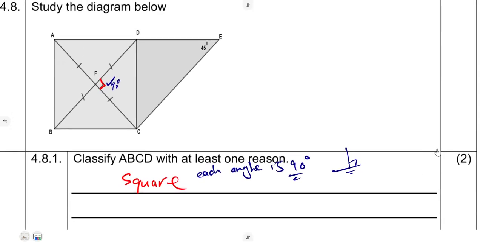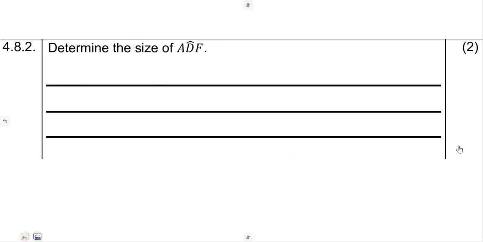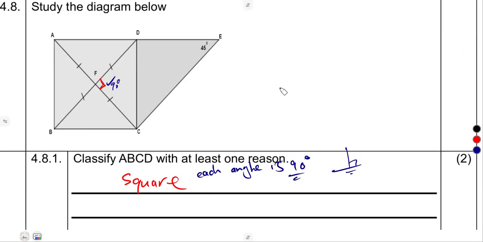All right. Anyways, let us see 4.82, the size of ADF. All right. The size of ADF, this one. So what is going to happen is that the square, these are 90 degrees, and these diagonals, just like a rhombus, they bisect the vertex angle there.